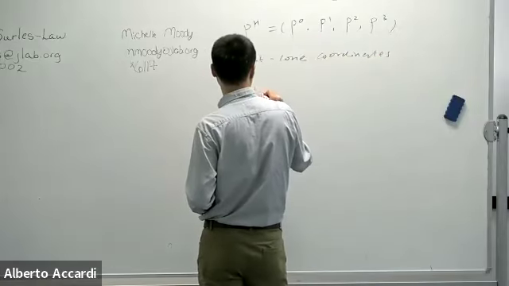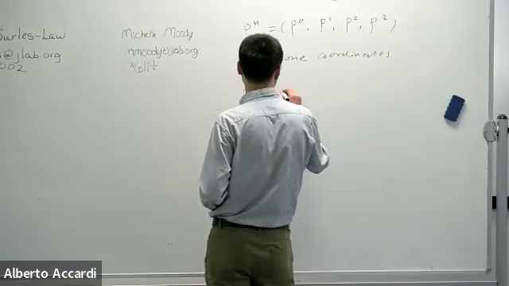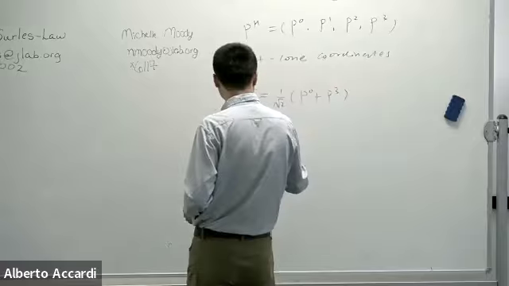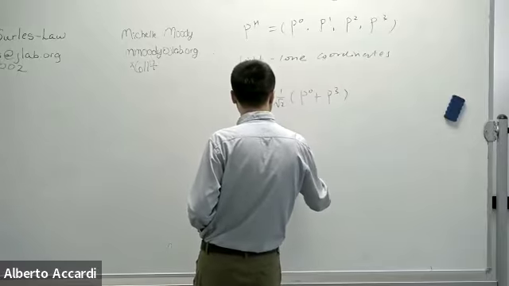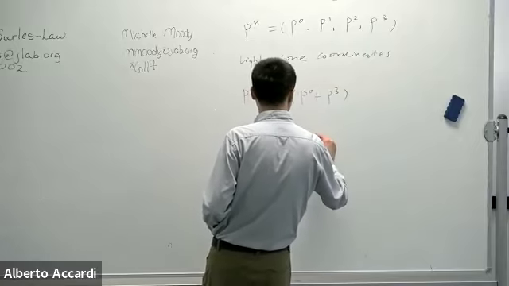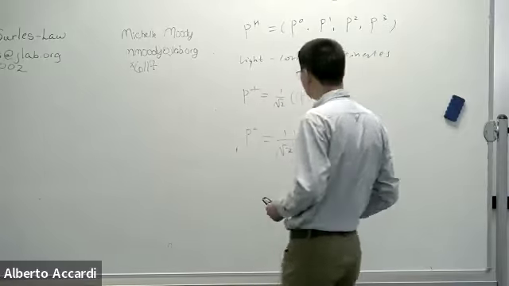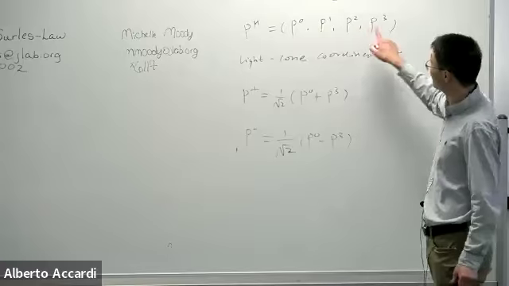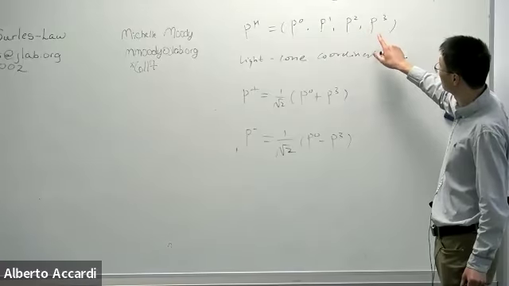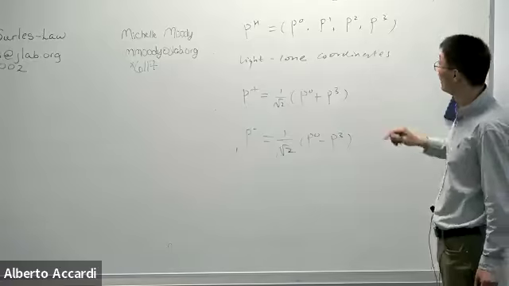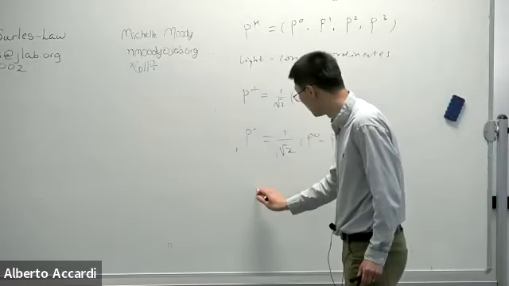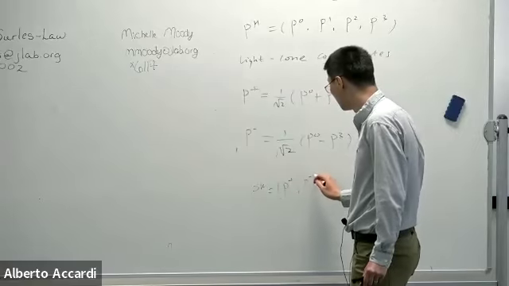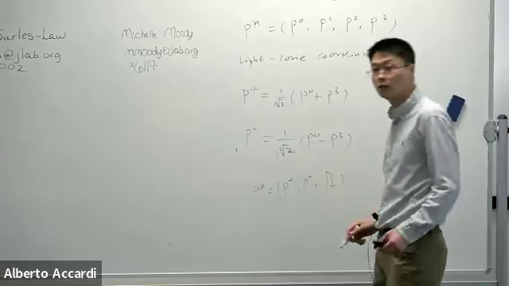We have this plus, which is a linear combination of your time component and your z component of momentum. And then sometimes you just write this as P plus, P minus, and P perp.